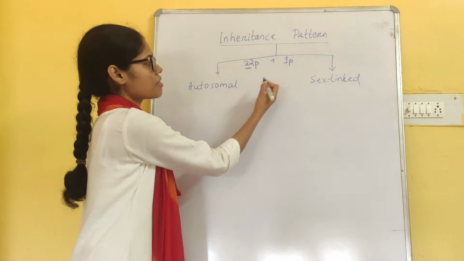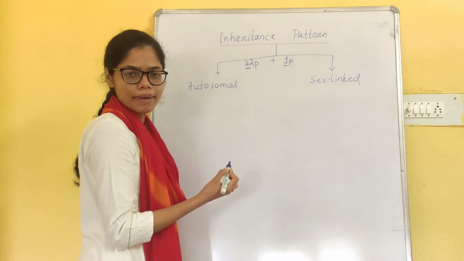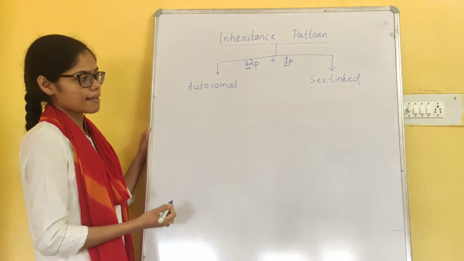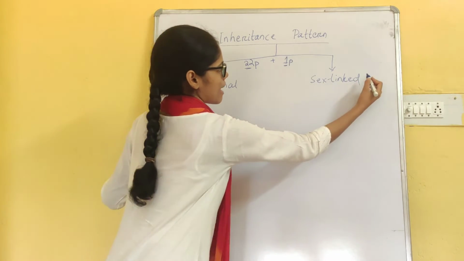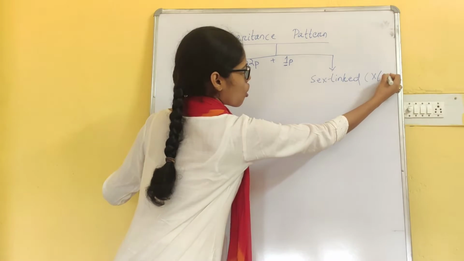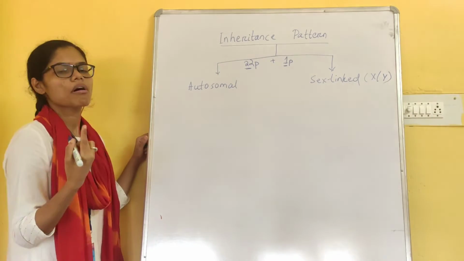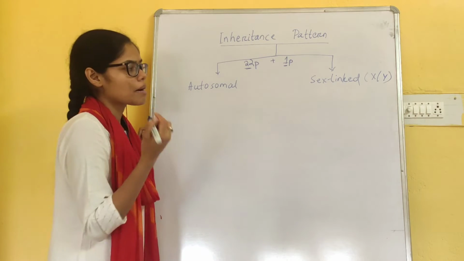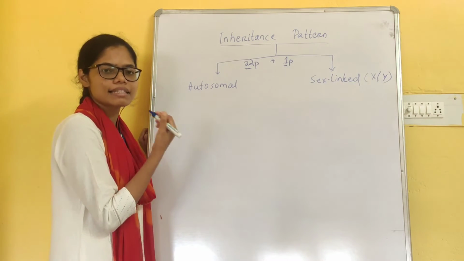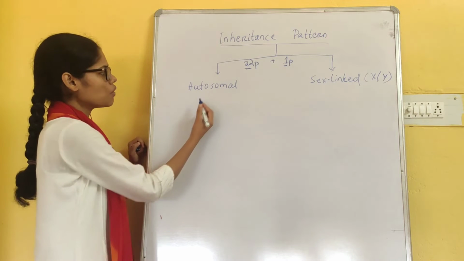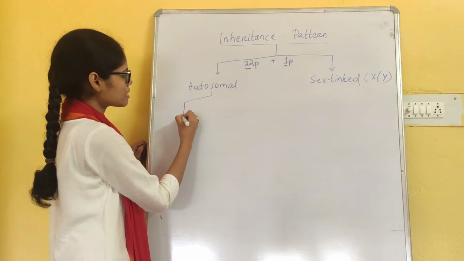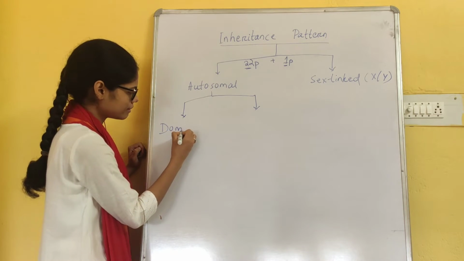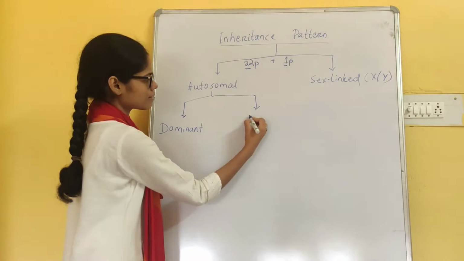If the diseased allele is present in the last pair, the sex chromosomes, that will be sex-linked inheritance. And this sex-linked inheritance can be X-linked. Now, these autosomal disorders again can be of two types, dominant and recessive.